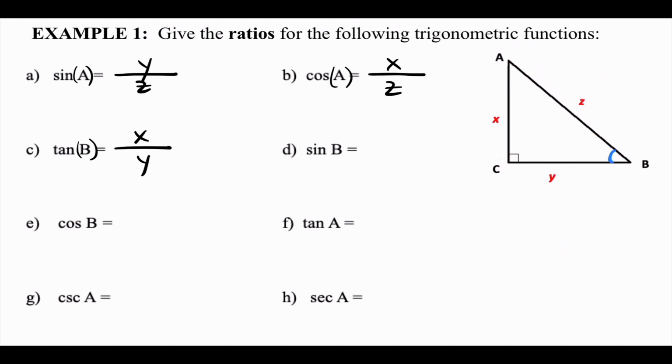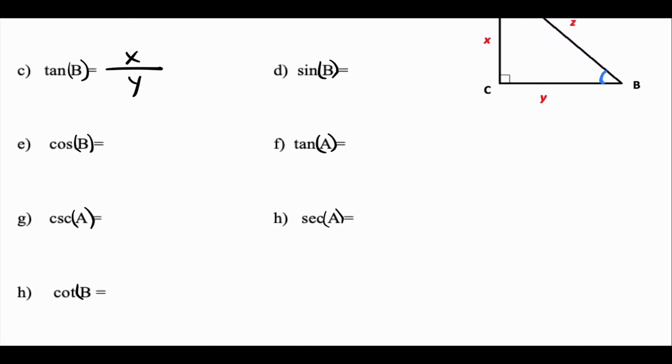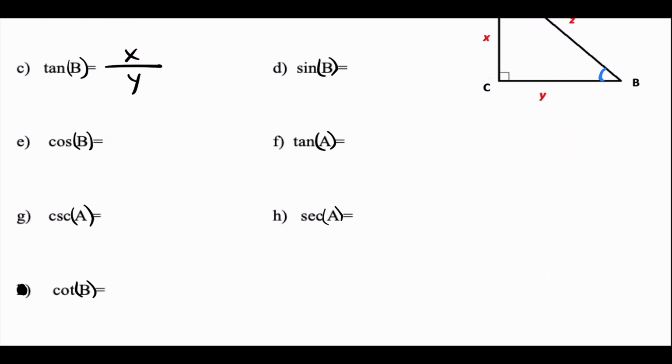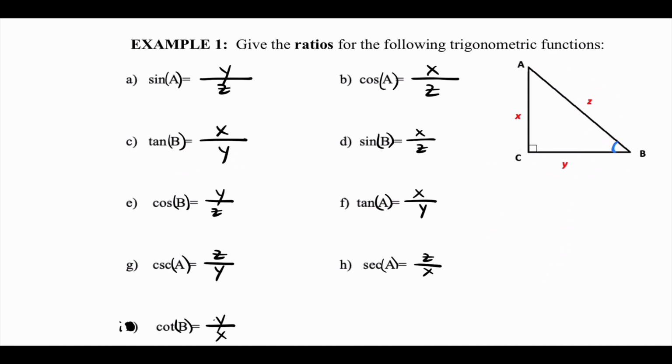Okay, so what I want you to do now is do the rest of them. Create the fraction for the rest of them. Okay, so these are the fractions for each of them.